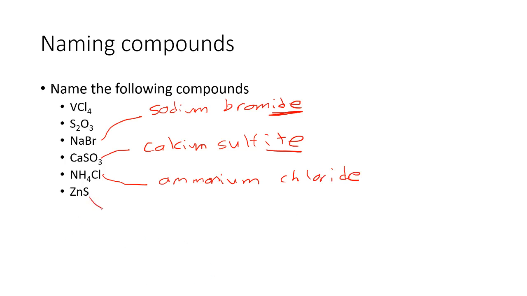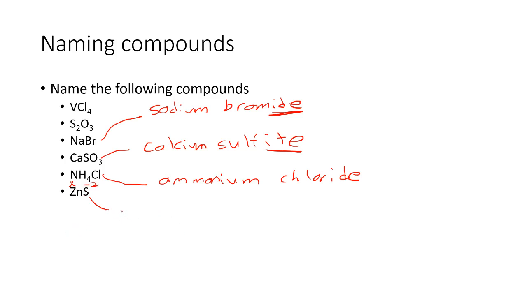Now we've got one more type 2 to name here, but this one, because we have zinc, we've got to figure out what the charge would be. So I'm going to name the charge of our zinc as X. And then sulfur, based on its group, is a chalcogen in group 6A. So it's going to have a -2 charge because it normally has 6 valence electrons, so it needs to gain 2 to get a noble gas-like configuration.